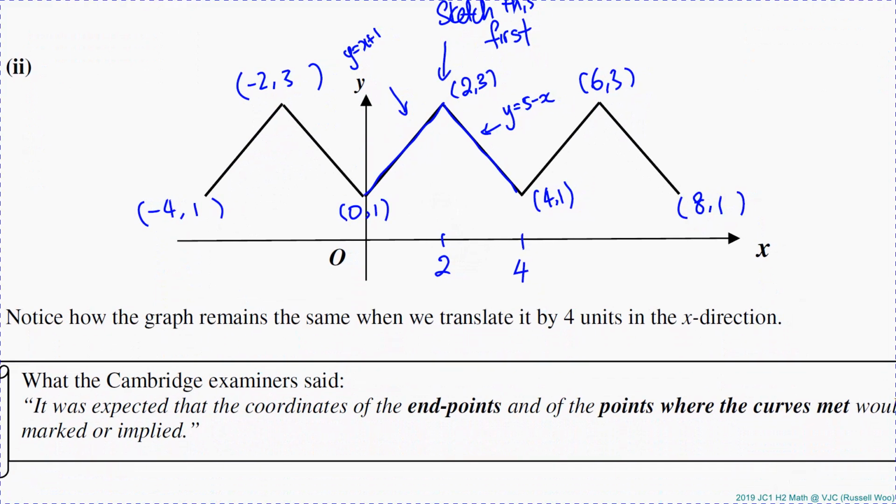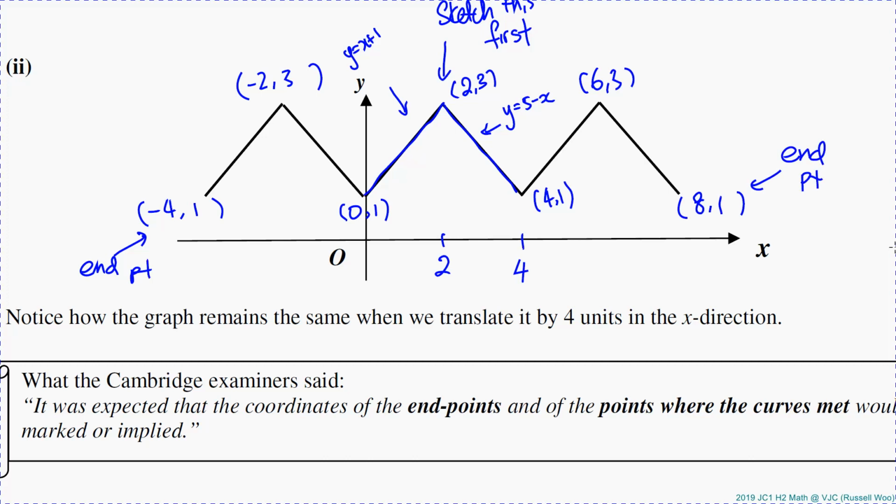So now this is what the Cambridge examiner said, the coordinates of the endpoints. These are endpoints. This is what we call endpoints, because the question asks us to sketch from minus 4 to 8.